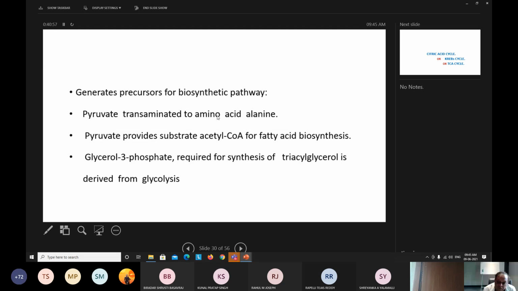These are the biomedical importance of glycolysis.